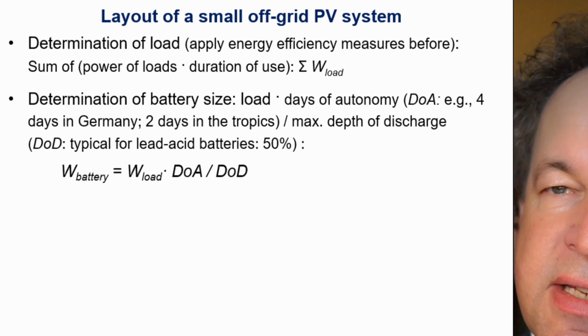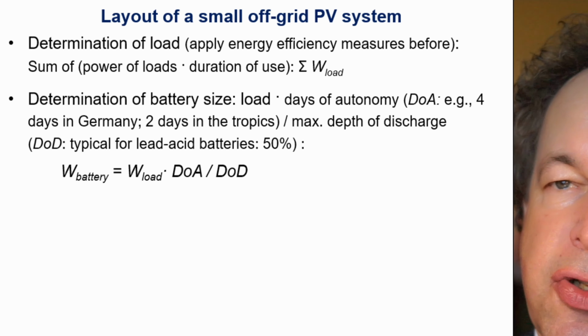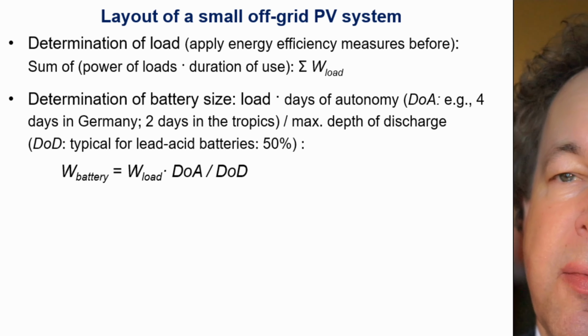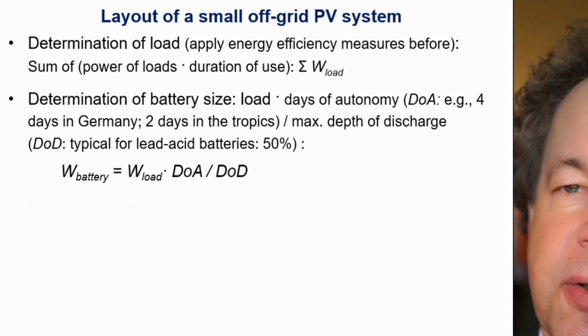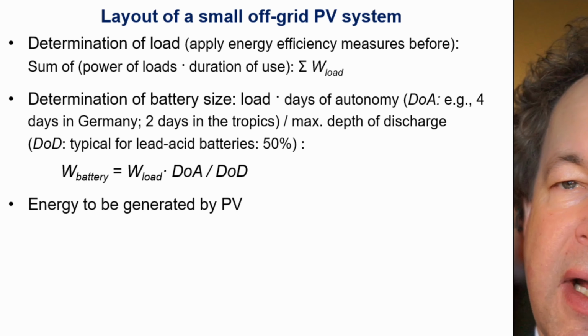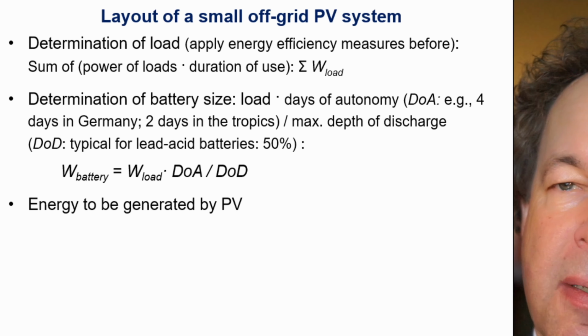Then you calculate the size of the battery, so that's the energy consumed by the load times the days of autonomy divided by the depth of discharge. Then you calculate the energy to be generated by PV, including all the losses.